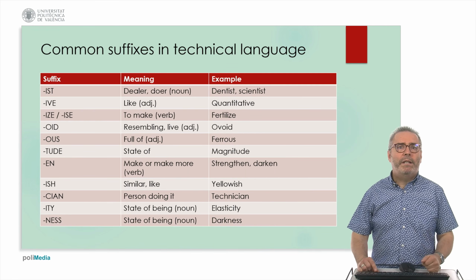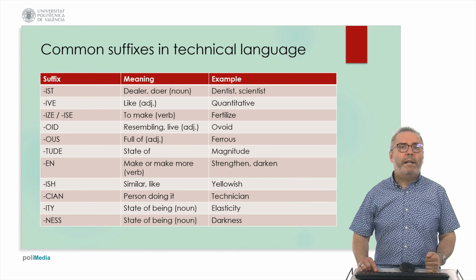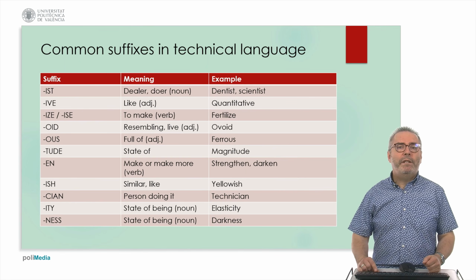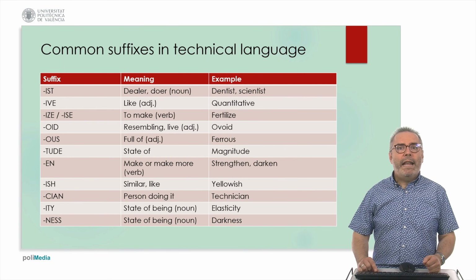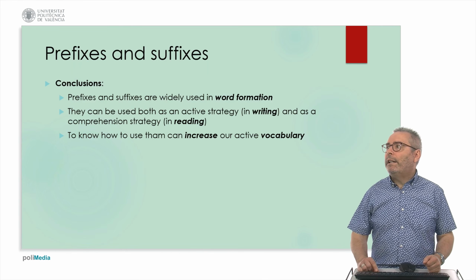Fertilize, very important in technical English. -tude, state of being, magnitude. -en, meaning make something more, strengthen, darken. -ish, meaning similar to, yellowish. -ian, related to person, technician. -ity and -ness, also states of being, elasticity or darkness.